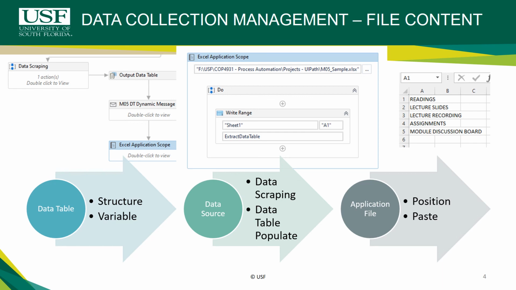Find the first open, unpopulated cell in column A. And then we're going to format and position and paste the data that we have scraped into the output. So the content of the files then are being updated under our control.